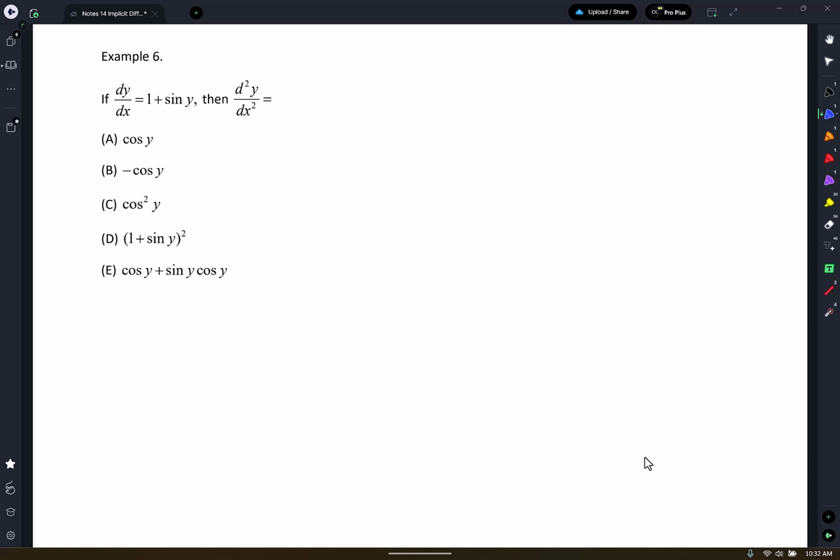They're already telling you what the first derivative is, guys, so you just have to do it once. See, it says the first derivative is 1 plus sine y.